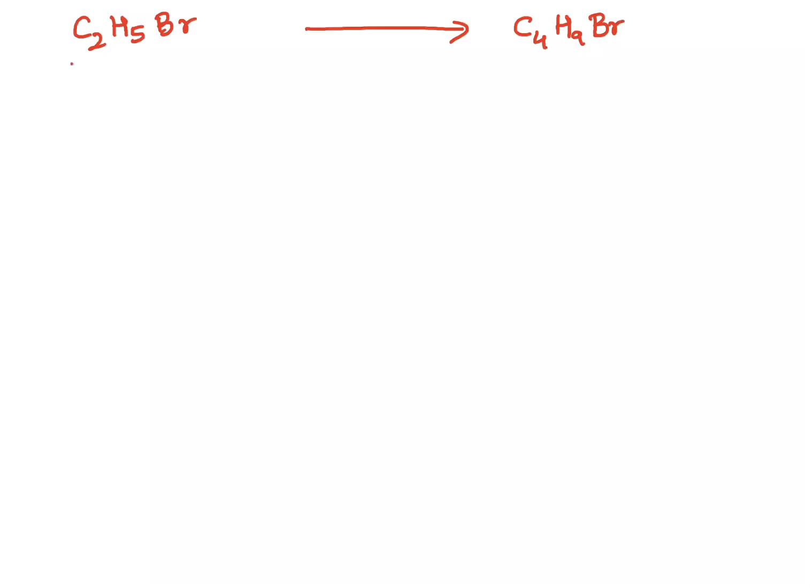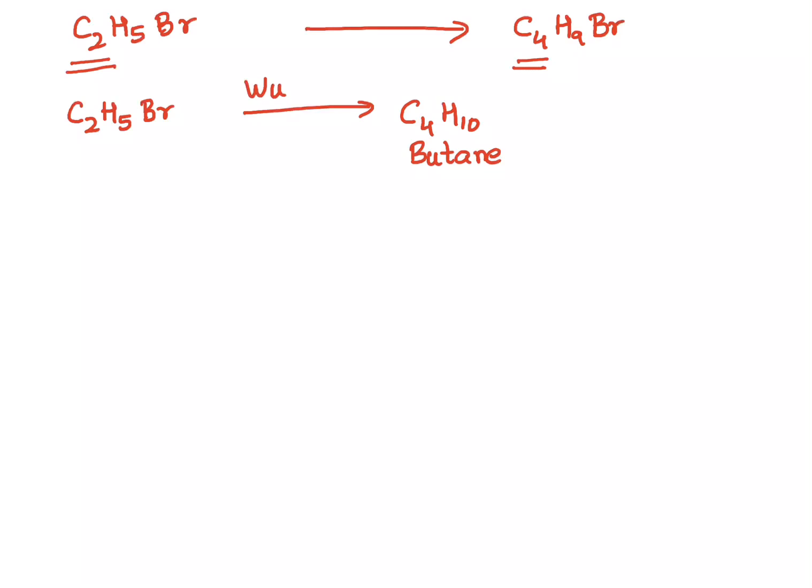So what you notice over here is 2 carbon is getting converted into a 4 carbon. So what we are going to do over here? Yes, so we are first going to convert the C2H5Br to C4H10, that is butane. And how are we going to do that? Very correct, we are going to do it by the Wurtz reaction. And then what do?